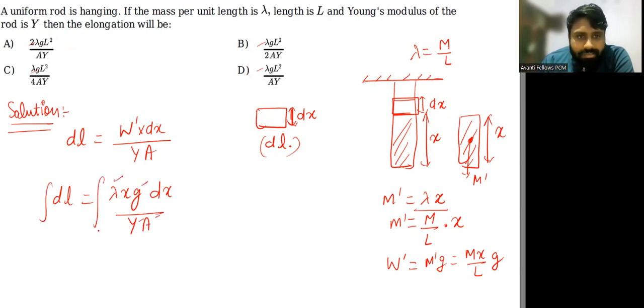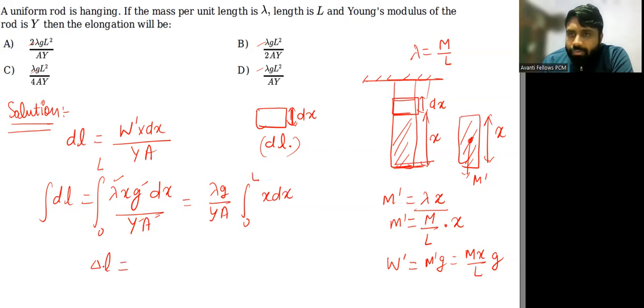So we will integrate it from 0 to L, because x varies from the bottom to the full length of the rod. So it is lambda g upon YA, integral from 0 to L of x dx. This dl will become delta L, the entire elongation in the length.